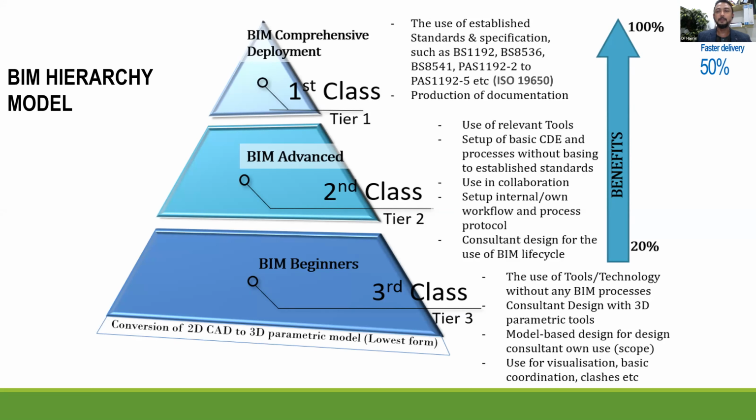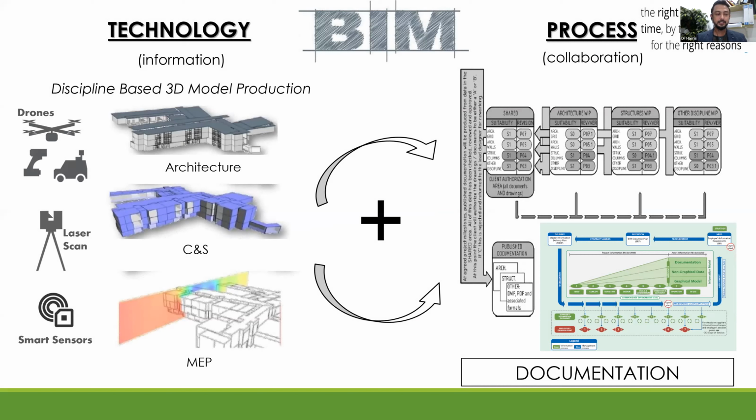If you want to implement BIM with a better benefit, you need to use the British Standard 1192, BS 8536. All these standards will give you a higher benefit. If you just implement BIM using a 3D model and the software, you get a lesser benefit. And in this BIM implementation, there are two parts.